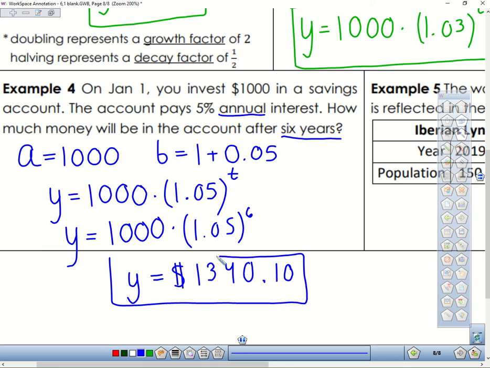So that's actually a really good interest rate account. I don't know where you would get one that good. Usually they're pretty bad, but yeah.